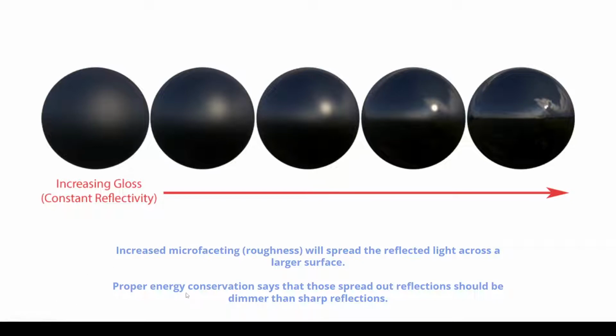So if we're thinking about proper energy conservation, those spread out reflections should appear dimmer than the sharp reflections, because it's the same amount of light spread out over a larger surface. But again, it's the exact same amount of light that is reflecting off the surface and the exact same amount of light that's entering the surface. It's just the roughness making it appear like it's dimmer light.